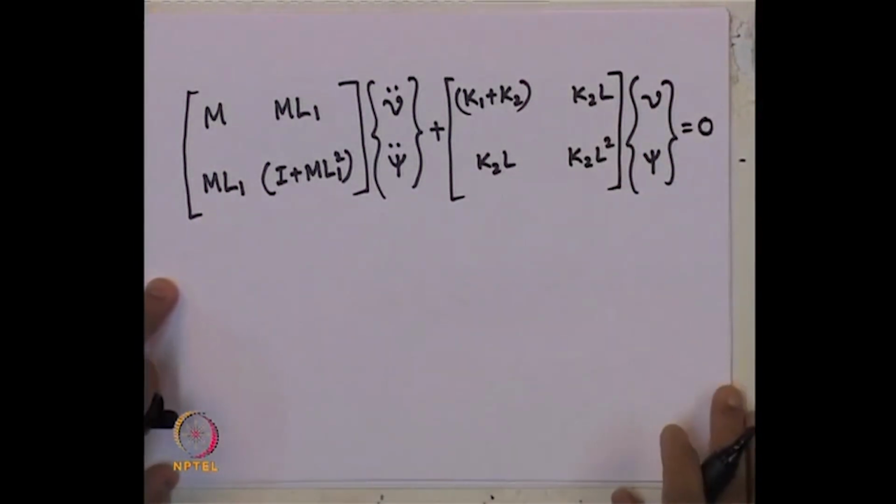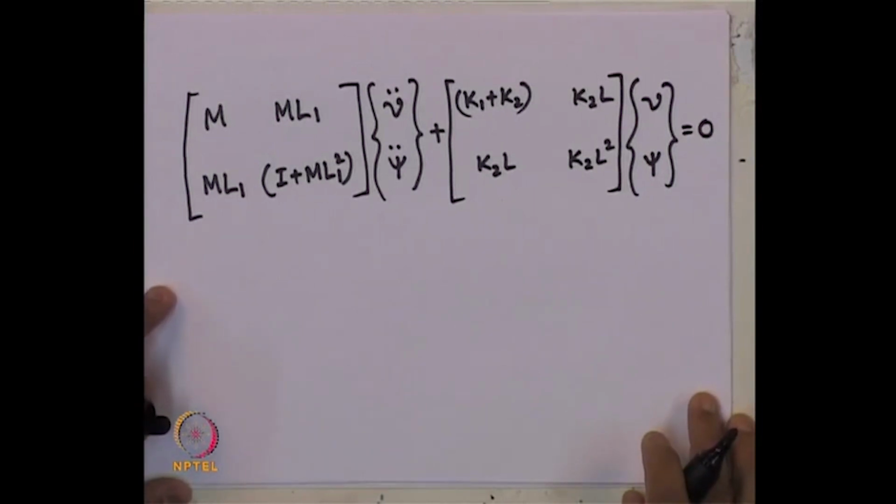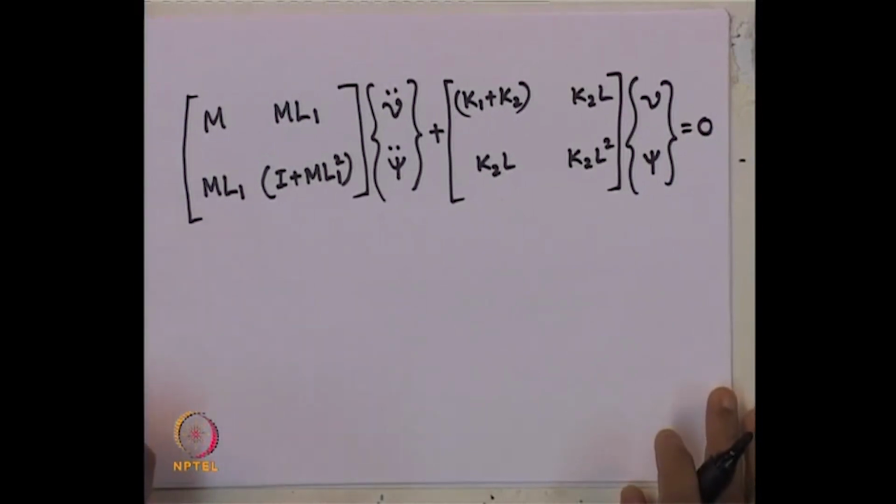So, this is the form of the governing equation of motion in matrix form.